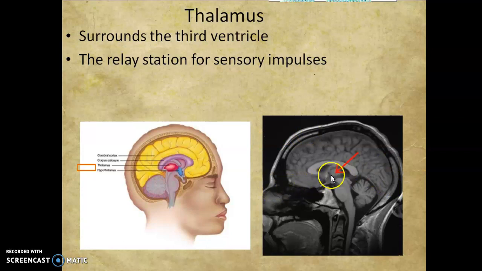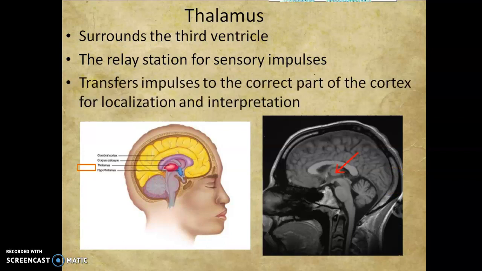The thalamus is going to say, okay, this is a vision message, it's going to be sent to the vision cortex, which is in the occipital lobe of the brain, to be interpreted, so that you know, oh, I've seen one of those before, that's a bird. It will also transfer impulses to the correct part of the cortex, as we mentioned, for localization and interpretation. That's just where it's sending that message to the part of the brain where it's supposed to go.